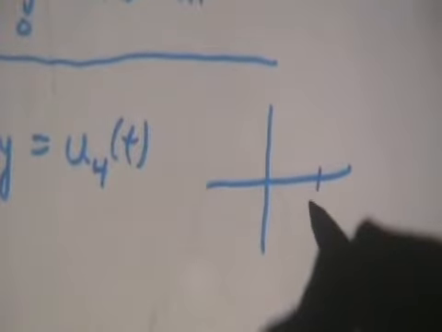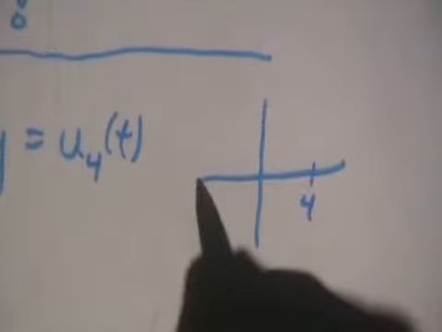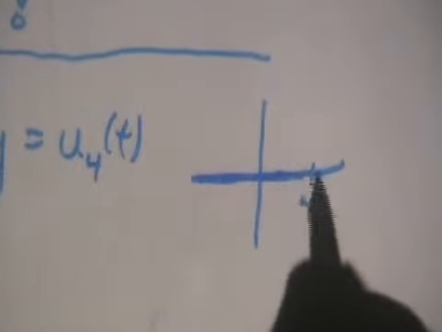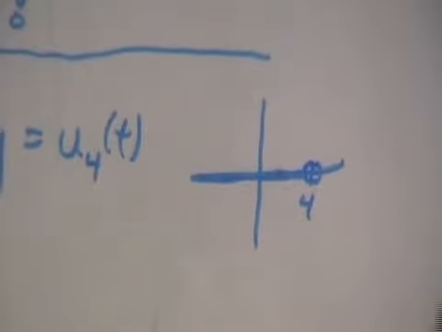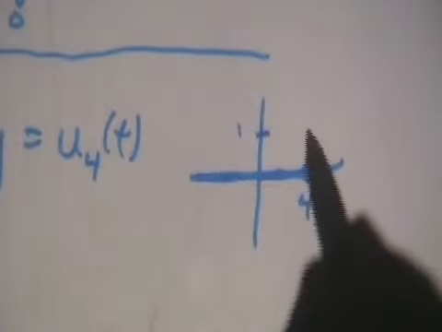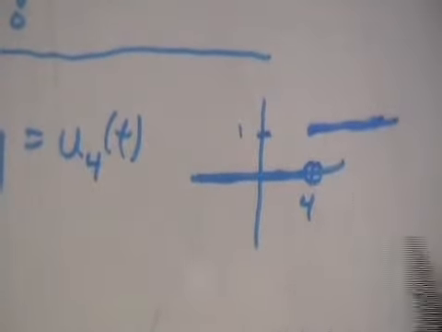So the subscript is 4, so I'm going to put a 4 on this axis here. That function is equal to 0 for all values of t less than 4. And when t is 4 or greater, the function value jumps up to 1. You've got something called a jump discontinuity for that function at t equals 4.